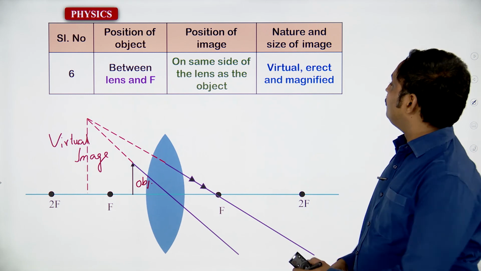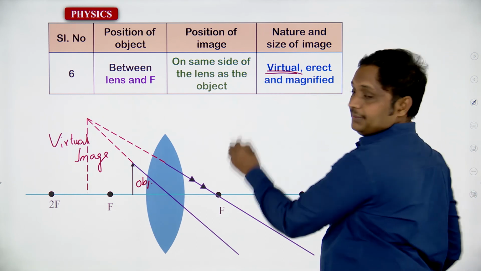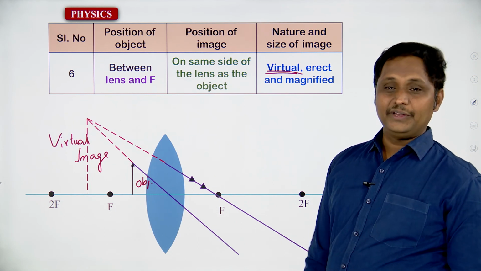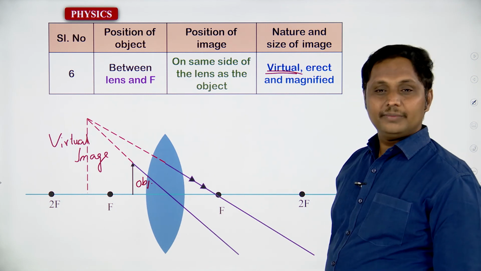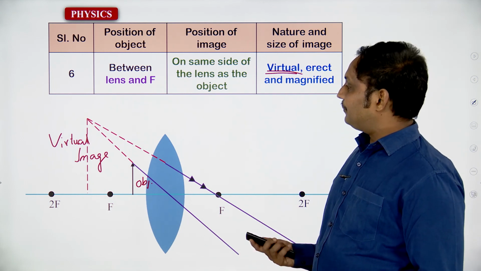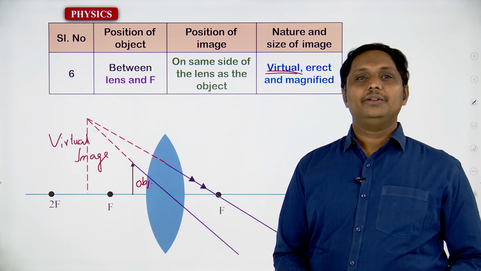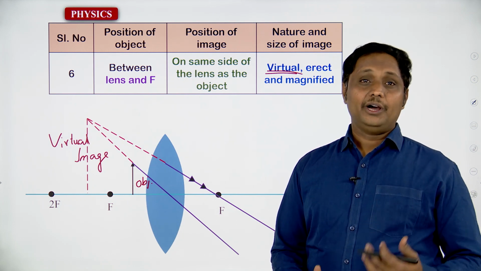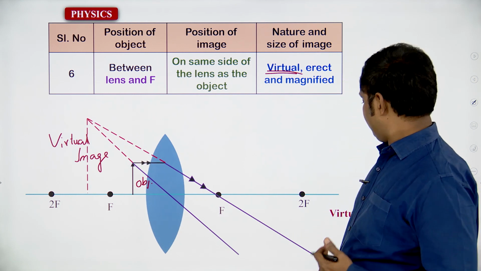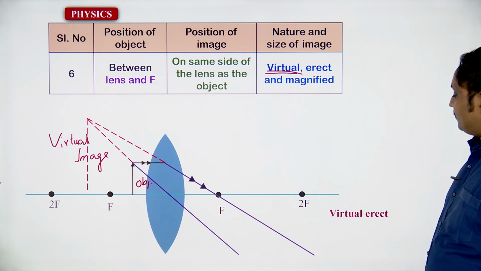So this image is the virtual image. These are all the cases we have confirmed. Students, we had a very good discussion on why it is real, why it is virtual, how it is magnified and how the image is formed. This one is virtual and direct.